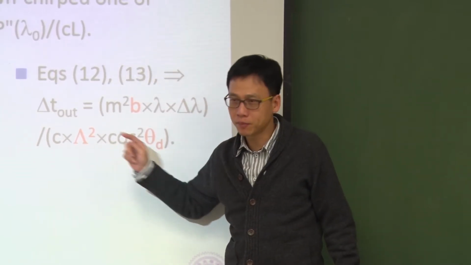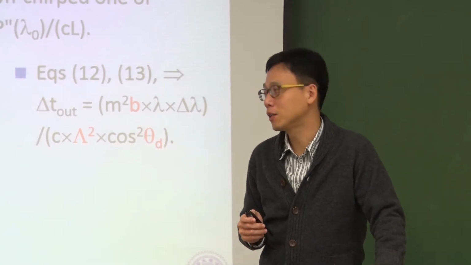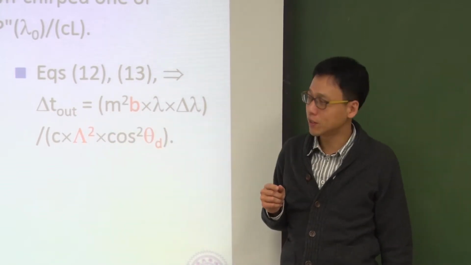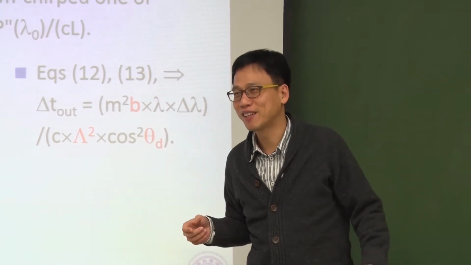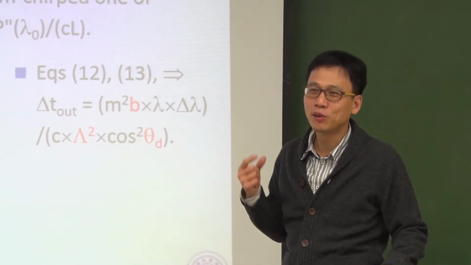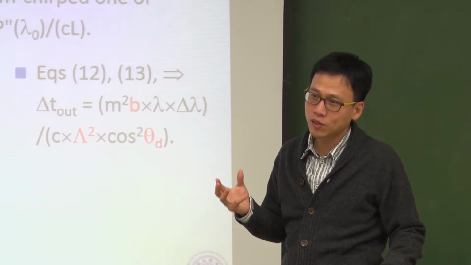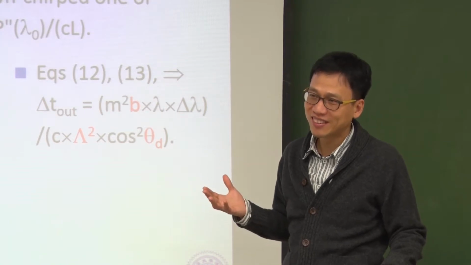Second is capital lambda. What is capital lambda? Right, grating period. So if you want to stretch your pulse more seriously, you want a smaller or larger capital lambda? Smaller one, right? So that means you need a grating with larger grating density, okay?